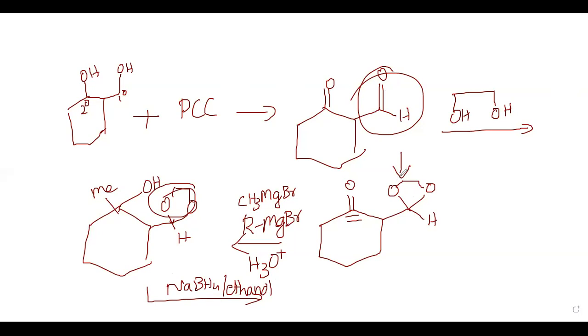So now the reduction happens to get back. CHO is still there and a drastic reduction is happening, so CH2OH is getting back, and here Me is there and OH is there. Simply, the secondary alcohol has been made a tertiary alcohol. That's all. For this you have come this long, four steps.